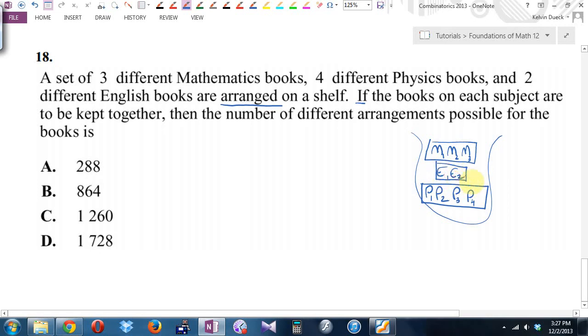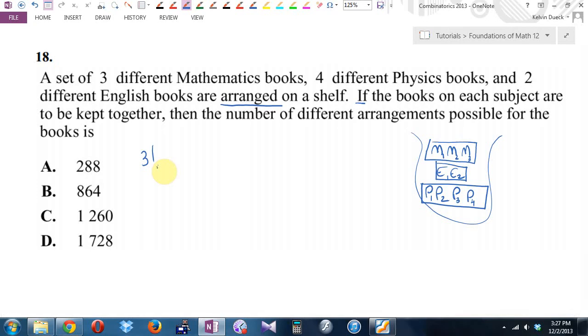You okay with that? How many letters are there in the Scrabble bag? How many tiles are there in the Scrabble bag? 3. So I'm going to say, first of all, I can mix them up that way. But now it also says I can mix up each one of these. Right? It says, how many ways can I arrange them?